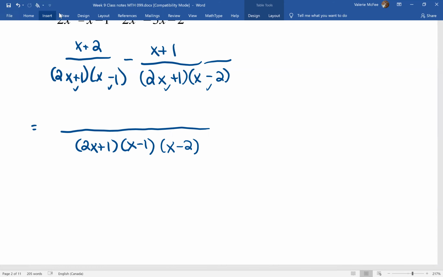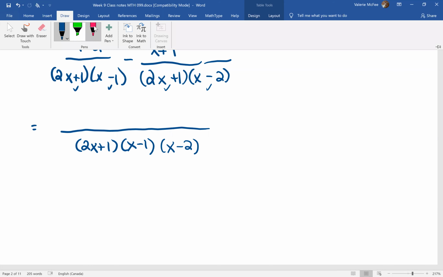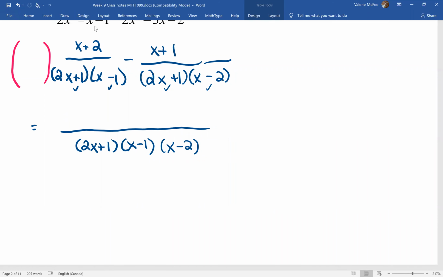Now we want to multiply each expression by what's missing. Don't forget your equal sign on the left there. So we see here, we're missing the x minus 2. So I'm going to multiply the numerator and denominator by x minus 2.